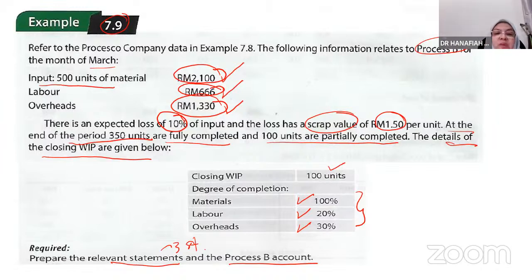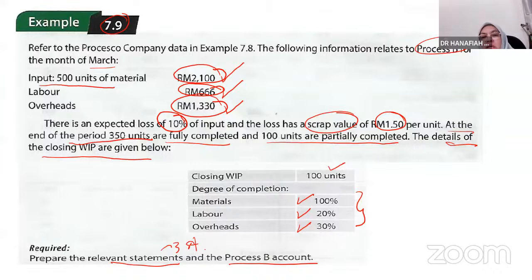Hopefully you can catch me and understand whatever I have presented. If you have any doubt now, maybe you can ask me before we proceed. Just any question about the stages or the completion, how to calculate the degree of completion, and where I can get the information, all that.